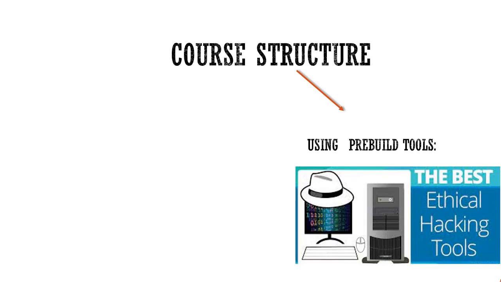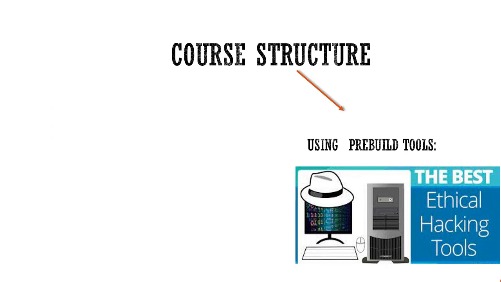So, the course structure. This course is divided into two parts. In general, the first part is using pre-built tools. The tools that are already built and other people are using them.